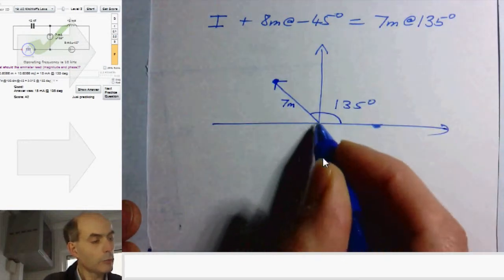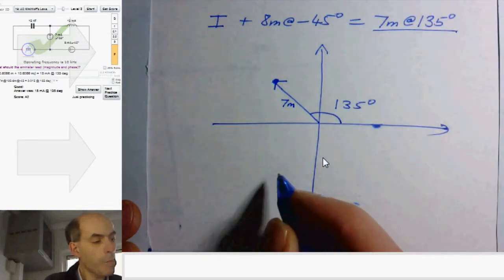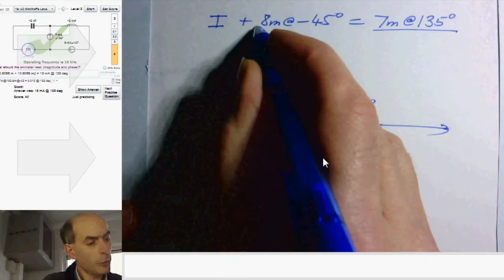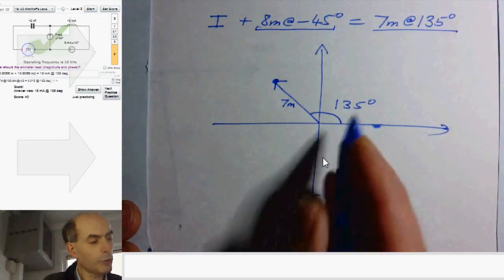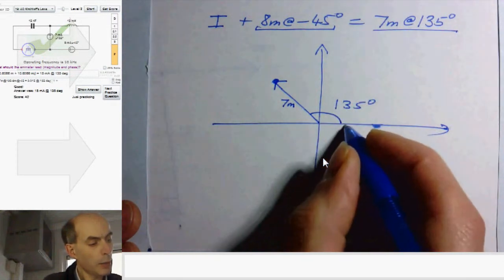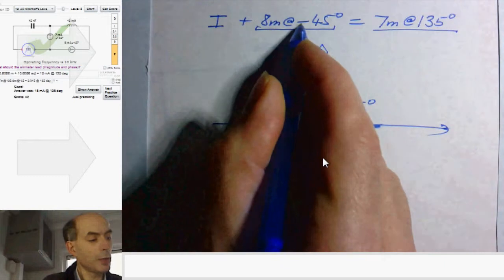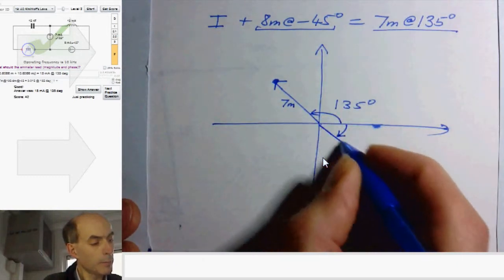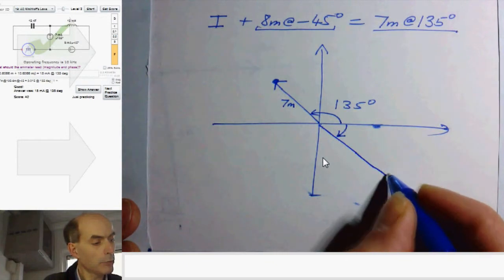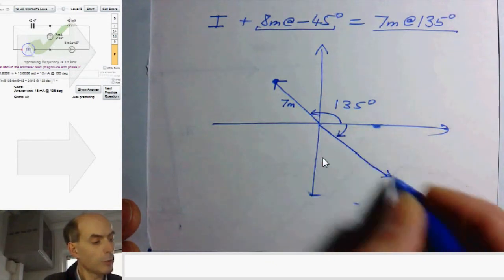That's the phasor representing this current here. And then this one, 8 milliamps at minus 45 degrees, well, that would be 45 degrees clockwise because it's negative, and that would get us to here, and this is 8 milliamps, so it would be 8 milliamps in this direction down here.